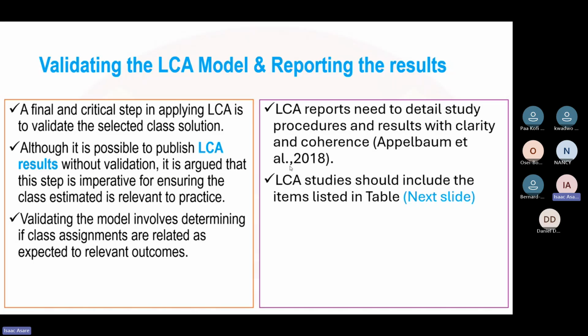There are so many ways that you can validate. You should validate it based on literature. Remember you have used the fit indices to estimate the classes. That is perfect. Now, how do you validate? If the classes are 3 or 4, and you are going to name them, let's say high, medium, low, or whatever, is it consistent with literature? Is it consistent with what has already been done? Is it consistent with something similar?